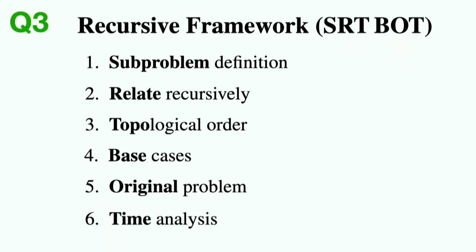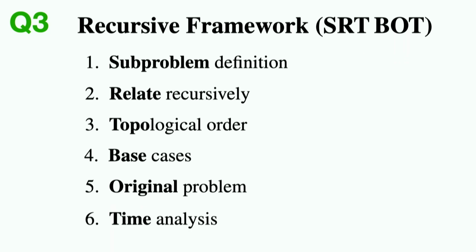It's saying, what are the relations between the subproblems, essentially defining the edges of a graph, right? And then this topological order and the base cases, all of these things are just saying, what is the problem that I want to solve on this graph? And how do I compute that for things that don't have any outgoing edges, right?